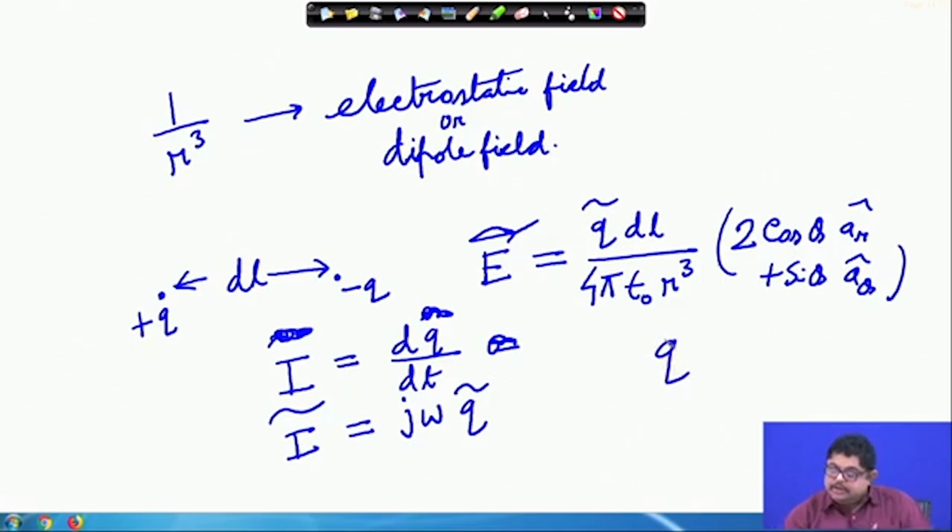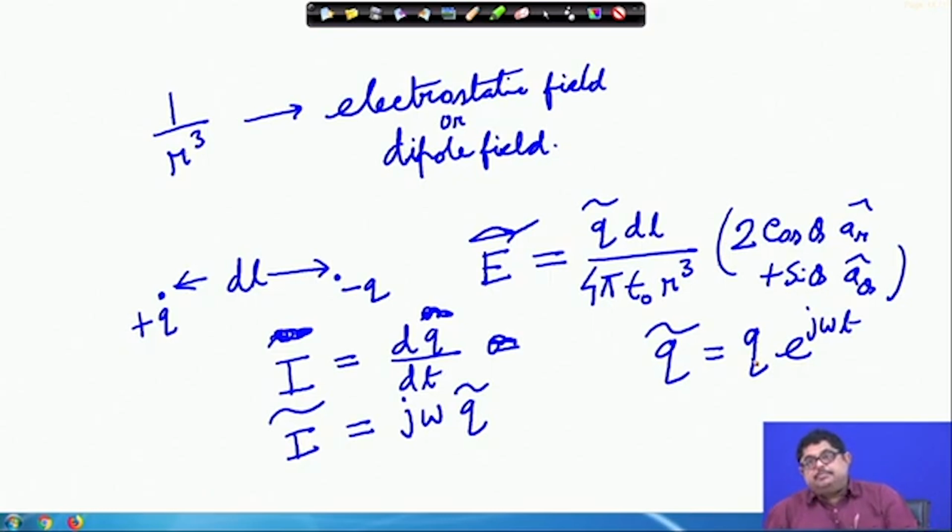is q phasor? Q phasor is, if the charge is oscillating, so we can give q e to the power j omega t. It has a time variation. Then I can write this.